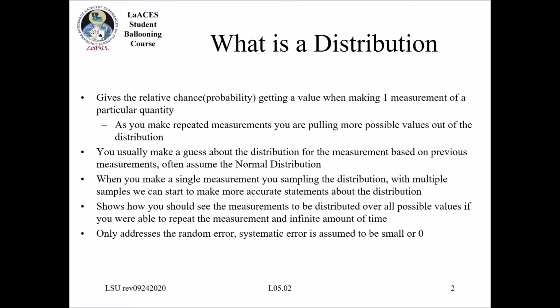So if you make more and more repeated measurements, you should get a better idea of what that overall distribution of all the possible values for your measurement can be. But one thing to note is, in general, when you talk about a distribution, you're just talking about random errors, not the sort of systematic errors, i.e. the things that aren't random, you can't average over.